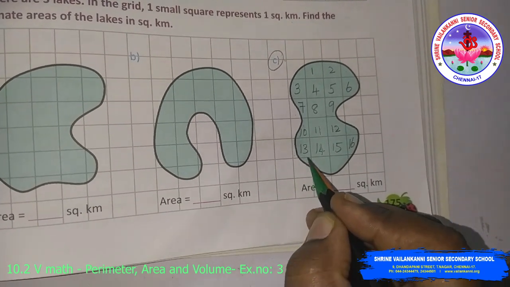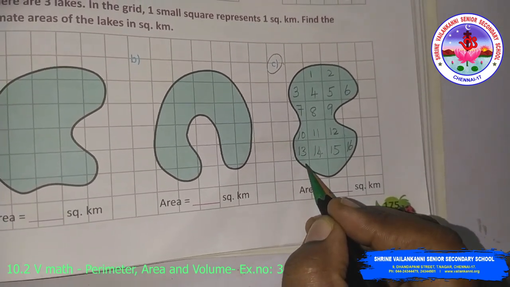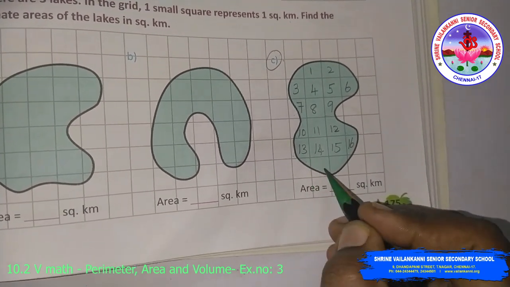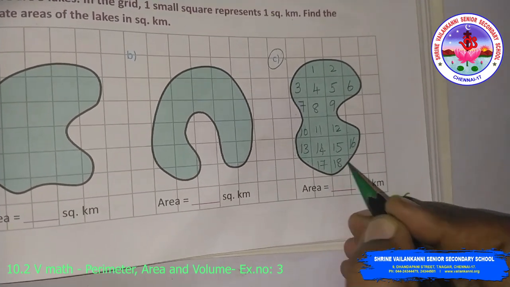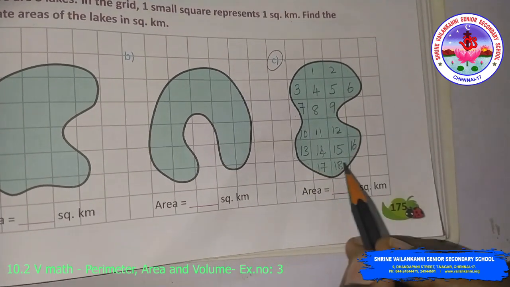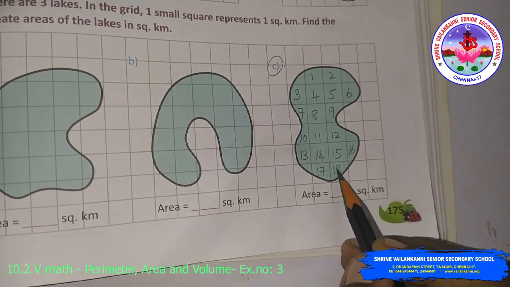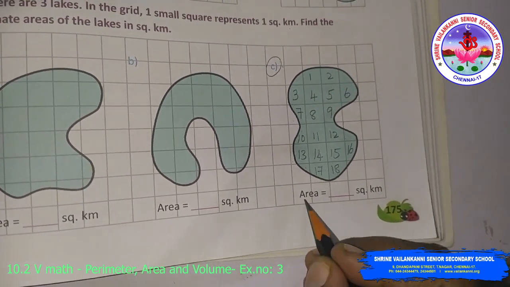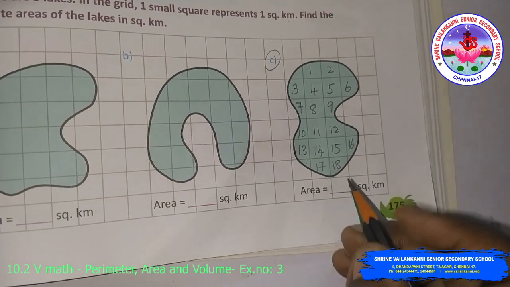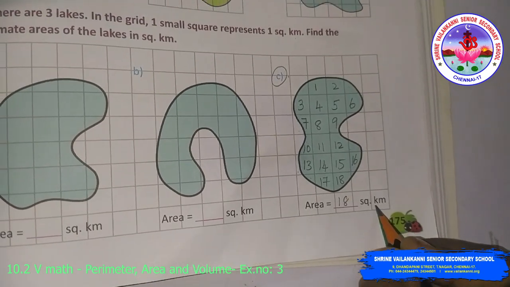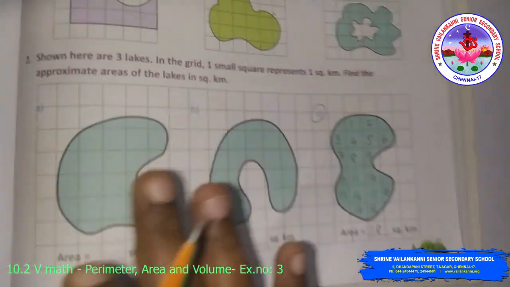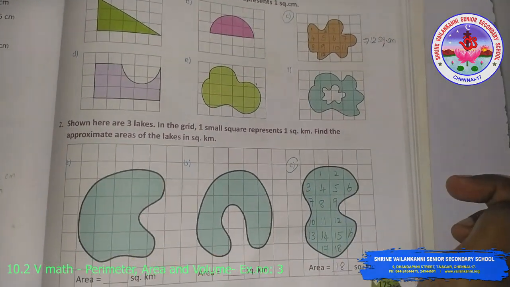This square I am not going to count, the shaded colored part is very little. This is more than half, and this is also more than half. So totally we have counted 18 squares. The area of this irregular shape is 18 square kilometers. Using the same concept, you can also complete the rest if you have your textbook. Thank you, children.